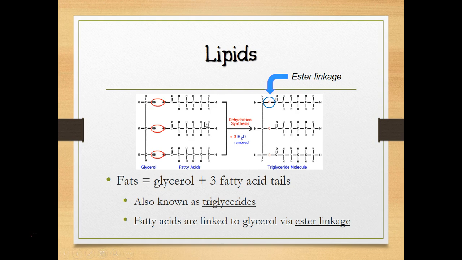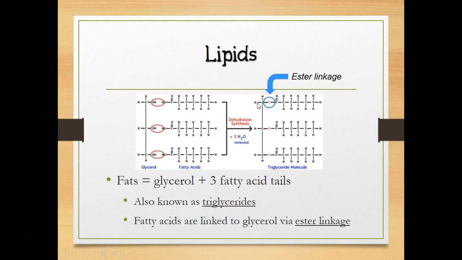And all of these guys go through a dehydration synthesis reaction at each connection point here. So 1, 2, and 3. Which means when I'm going to build these molecules, every time I make a complete triglyceride, I've got to actually remove 3 waters, 1 for each connection to that fatty acid to the glycerol.